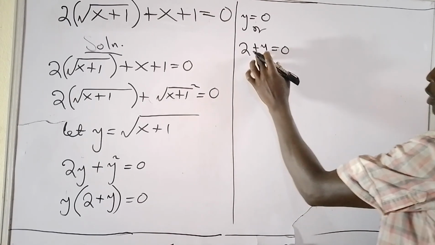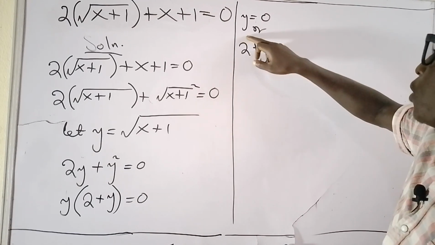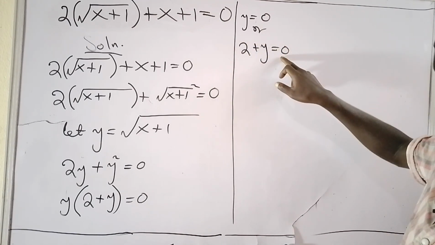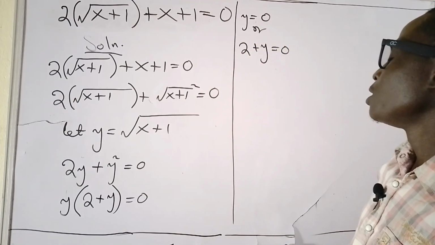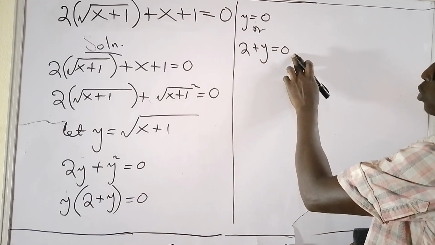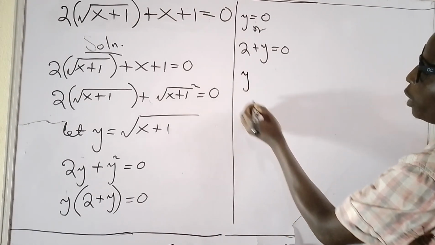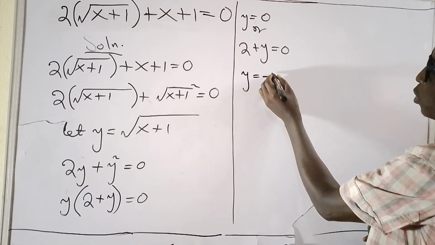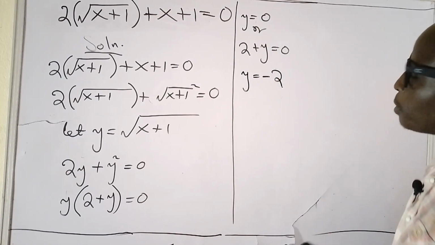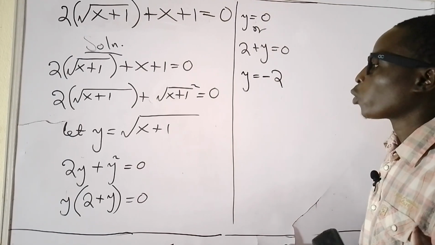That means I need to transpose or send this 2 across the bridge, because this equality sign serves as a bridge. So I can send it across the bridge to the right side, so that on the left side I have only y equals minus 2. So that means y is now equal to 0 or minus 2.